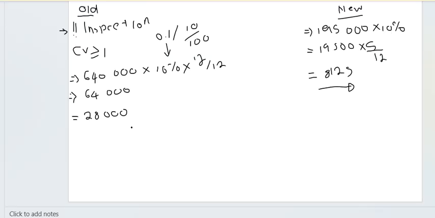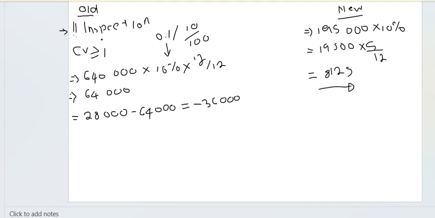So we will take this 28,000 and subtract 64,000. Automatically, we are having a carrying value equal to 28,000 minus 64,000, which is minus 36,000.